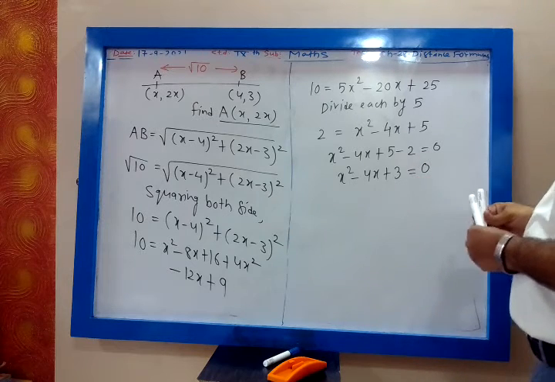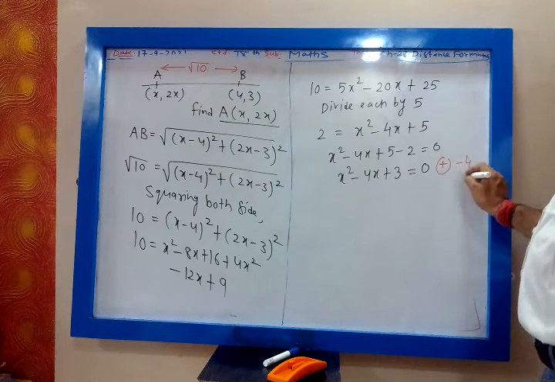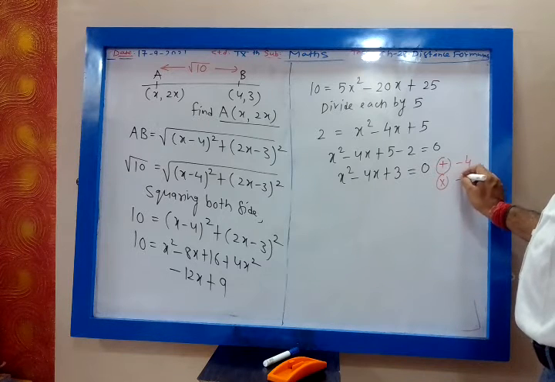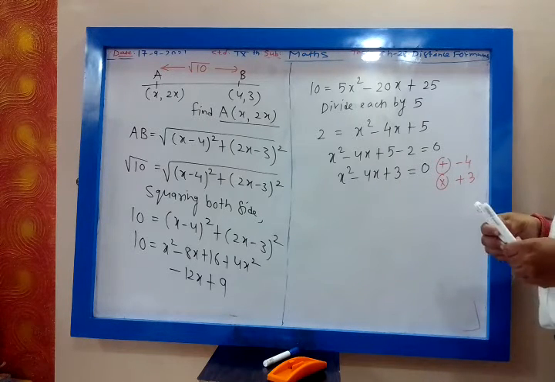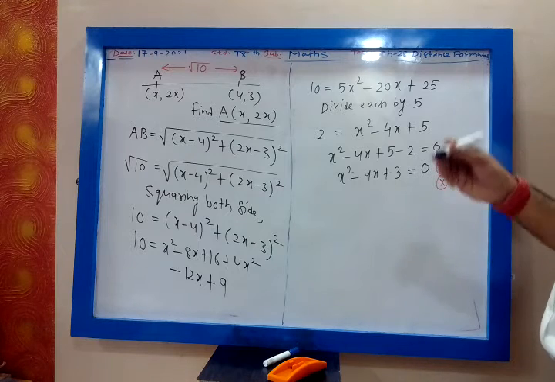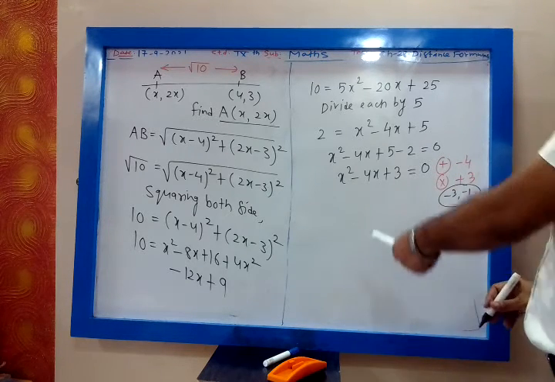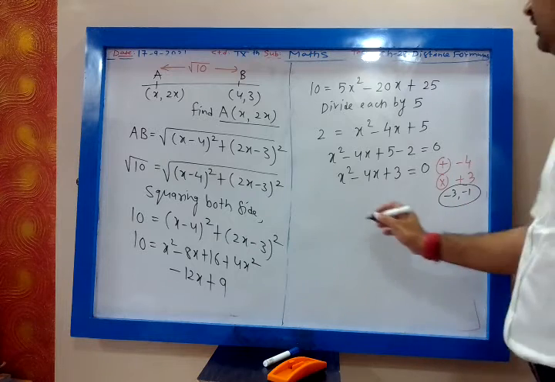Now this is a quadratic equation. Find two numbers whose sum is minus 4 and multiplication is plus 3. The numbers are minus 3 and minus 1. When you add, you get minus 4; multiply, you get plus 3.